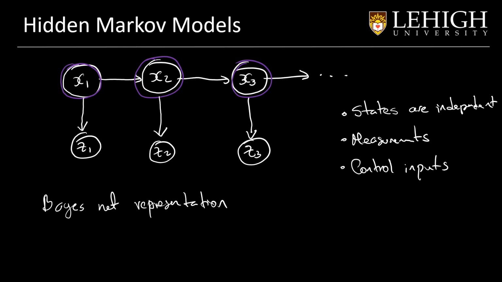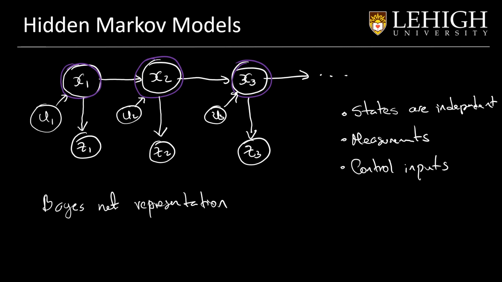They cannot influence the future or the past. So we have U1, U2, U3, and for every step we have a control action, and we can also have a measurement of the state.